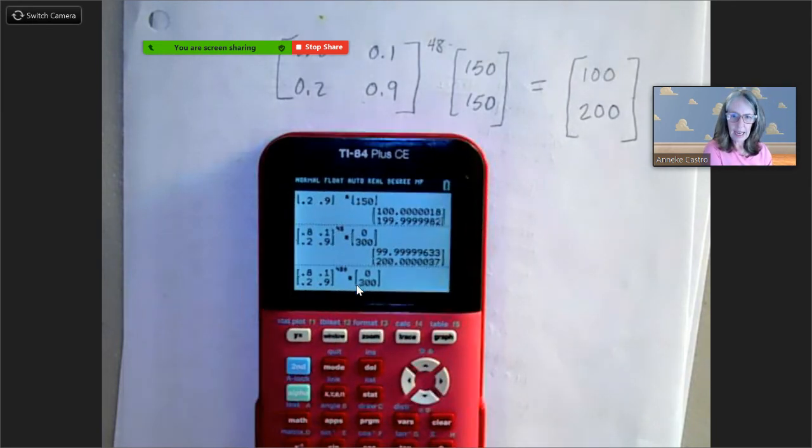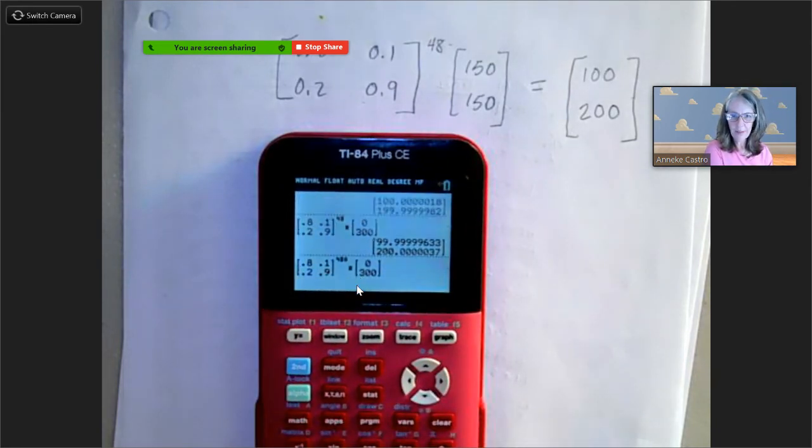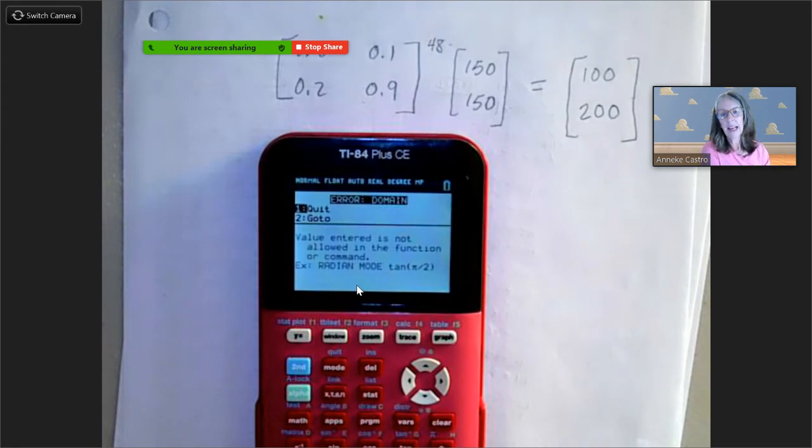I hit enter and let's see what happens. I get an error. My calculator won't do it. The value entered is not allowed in the function or command, because it's trying to multiply this matrix by itself 480 times, and it just can't do it.